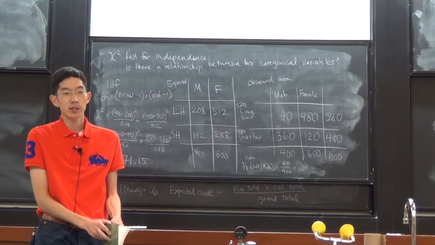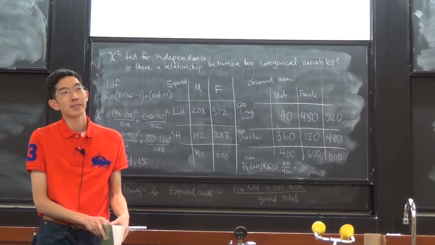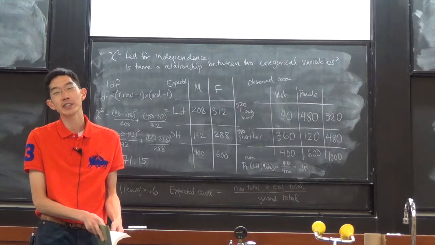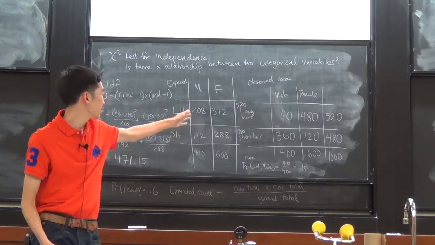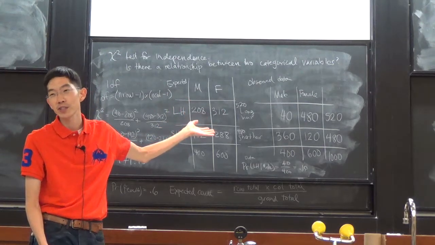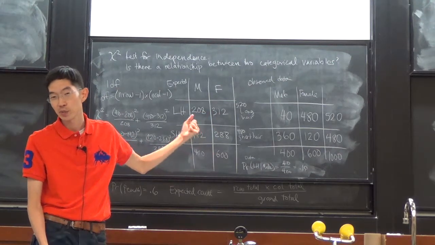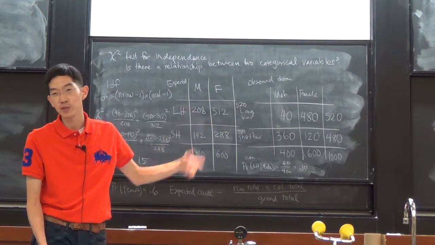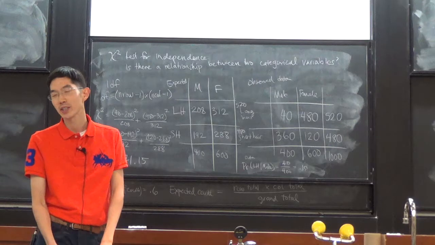So it factors into the idea of something more extreme. We're seeing only 40 long-haired males. That is different from what we would expect. And so something more extreme would be seeing fewer than 40 males with long hair.